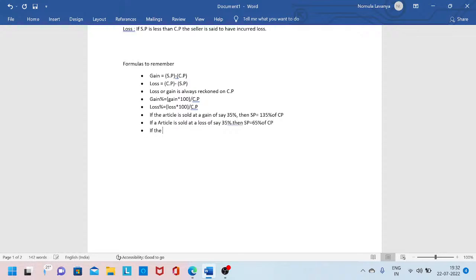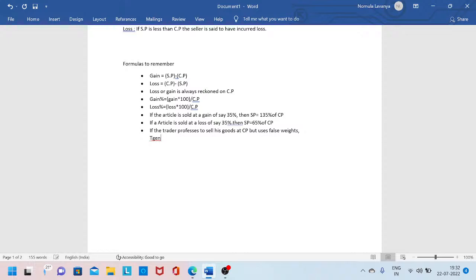If the trader professes to sell his goods at CP but uses false weight, then the formula will be like gain. I'll just mention it here.